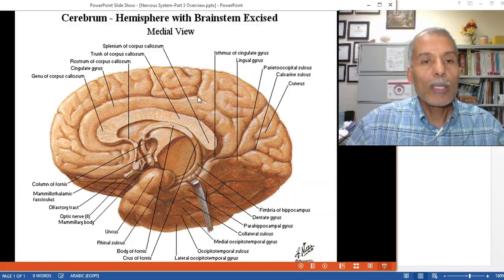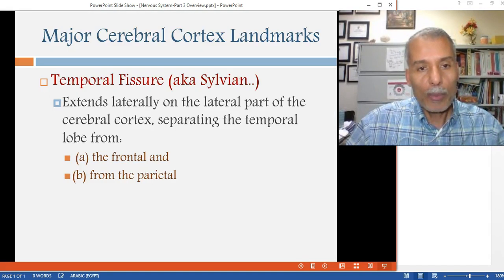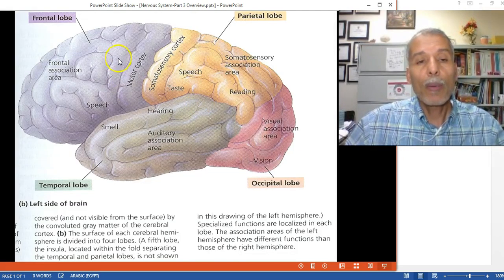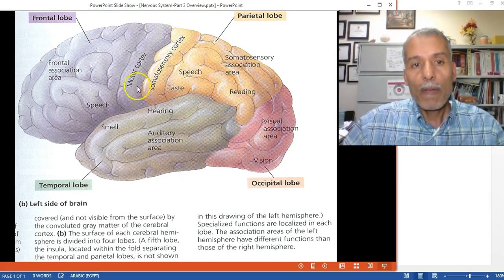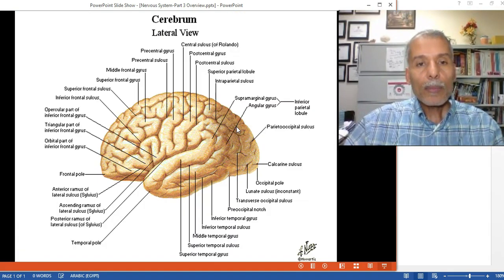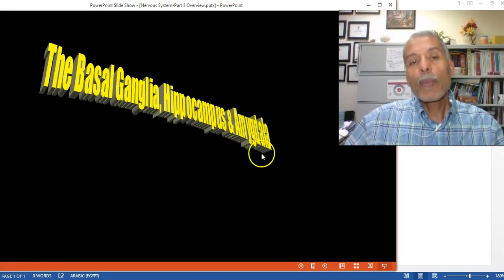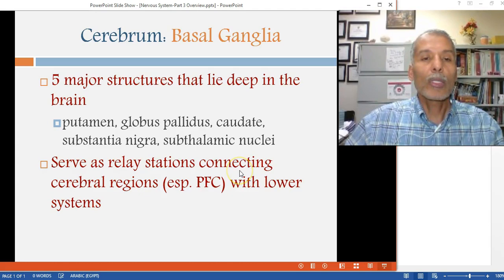Before I continue, I want to point out I'm going to be speaking about the landmarks in terms of the lobes, but these are 4 lobes, and there are 2 more that we will speak about in a few minutes. But now we just finished the sulci and the fissures. So let's go to the basal ganglia, the hippocampus, and the amygdala, and then we'll leave the cortex again. We'll come back to it later.